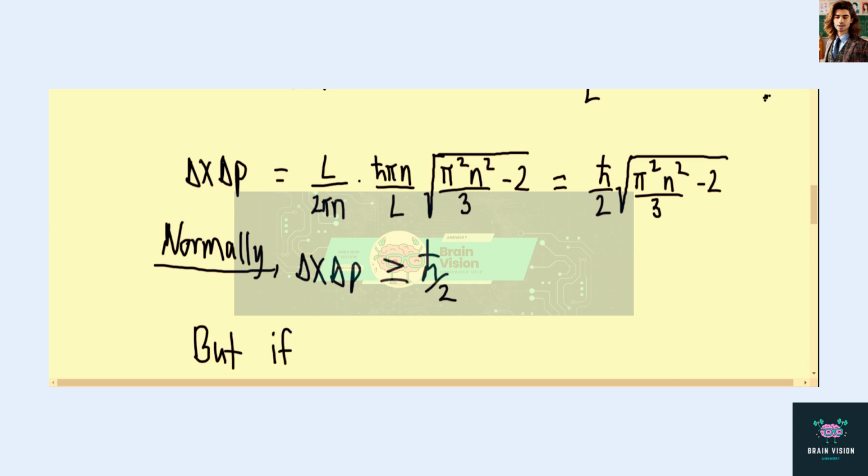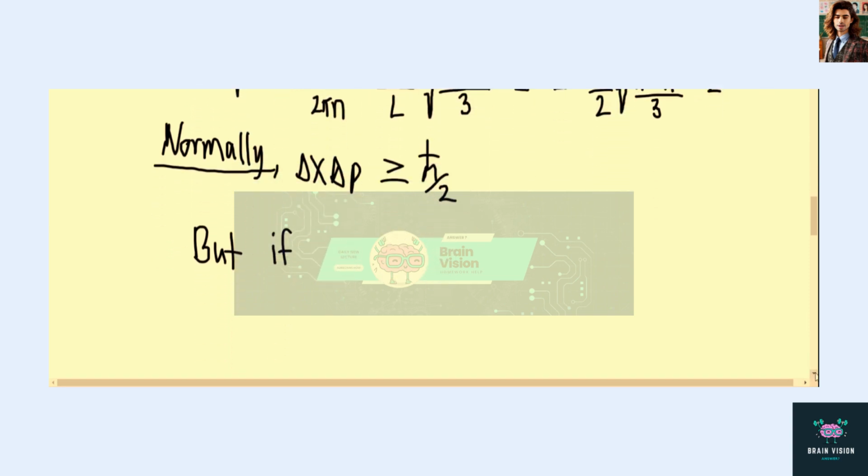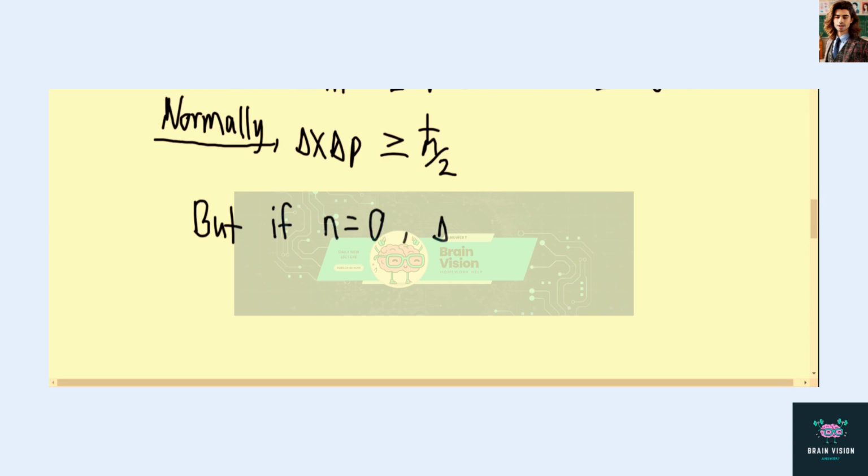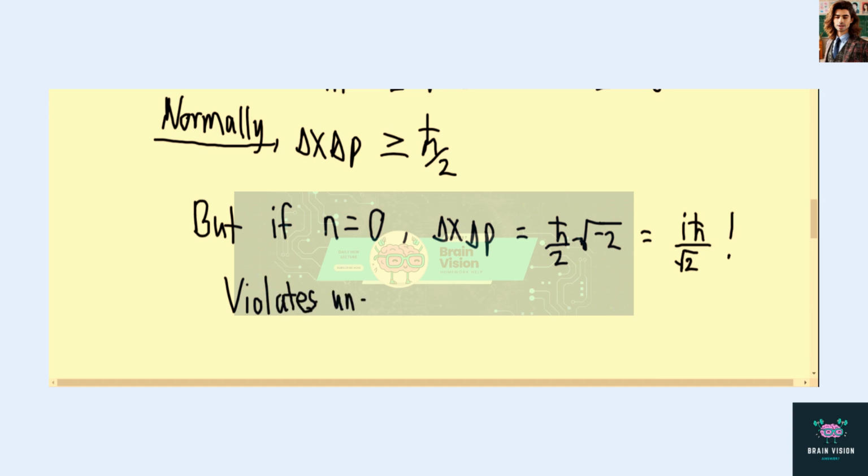So you end up actually with the following. You get i times h bar over the square root of 2. So it does violate the uncertainty principle because you have a purely imaginary number, and you can't have that in this inequality which depends solely on real numbers.